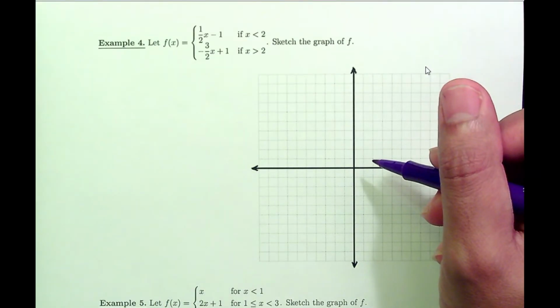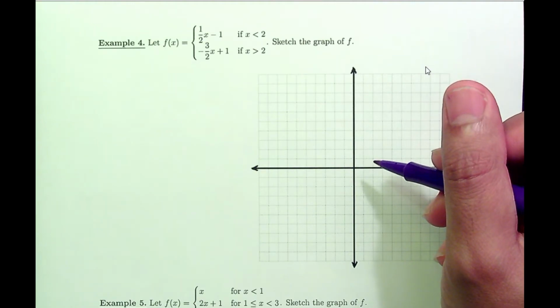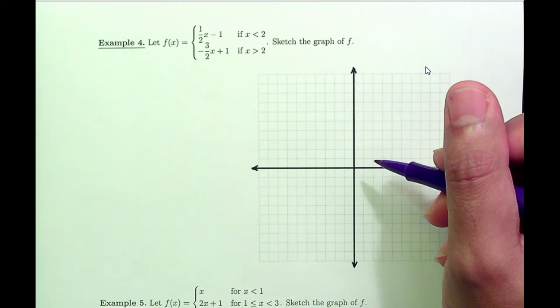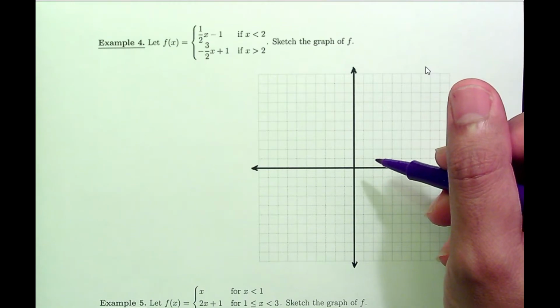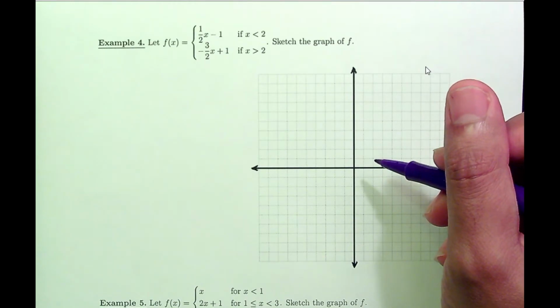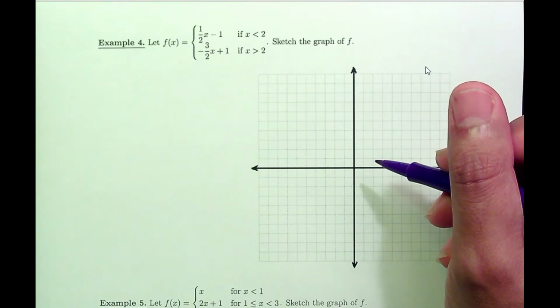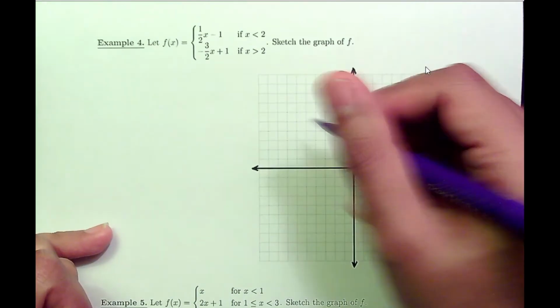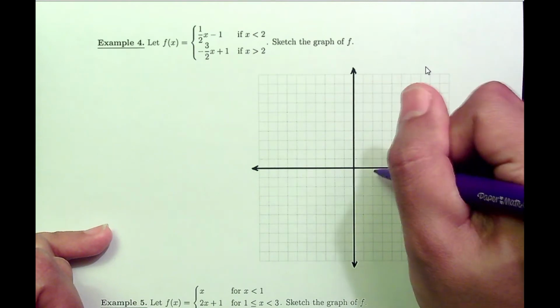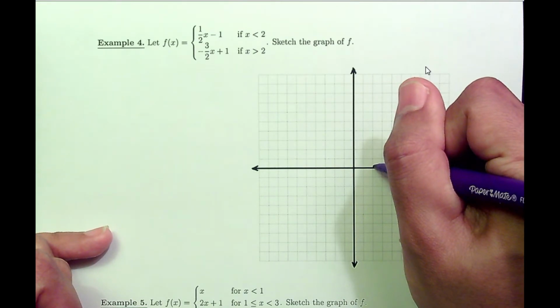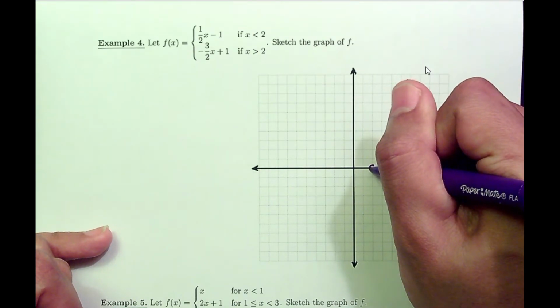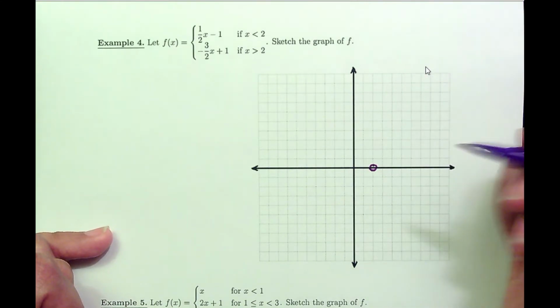I'm not going to include it, but I need to know where it stops. So when you plug in x equals 2, 2 times a half is 1, and 1 minus 1 is 0. So if you were to plug in 2 at the top, you would get 0. So over 2, you get 0. It's not part of it, so you have to do it as a hollow dot.